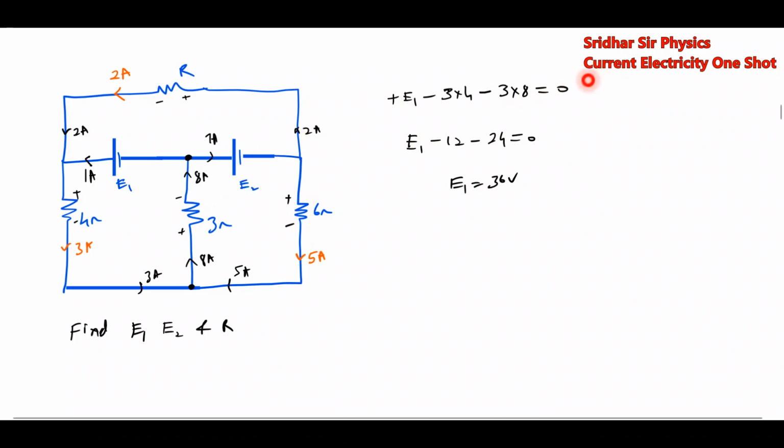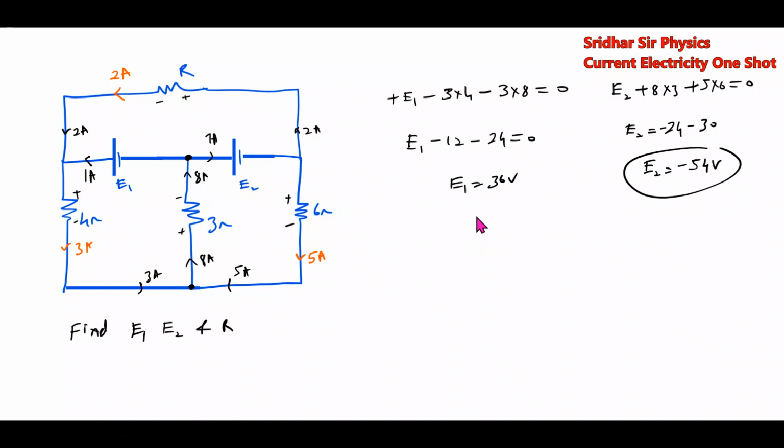Then similarly plus E2 plus 8 into 3 plus 5 into 6 equal to 0. 24 minus 30, so E2 equal to minus 6.